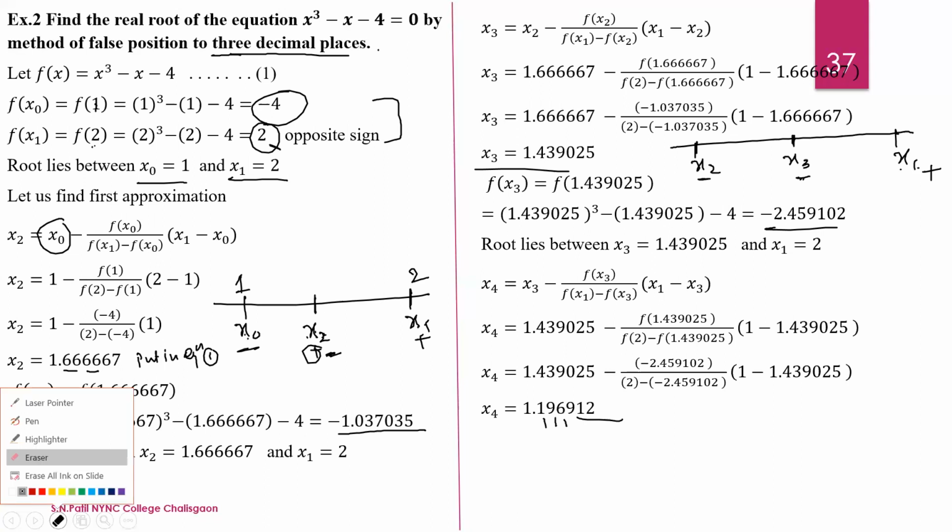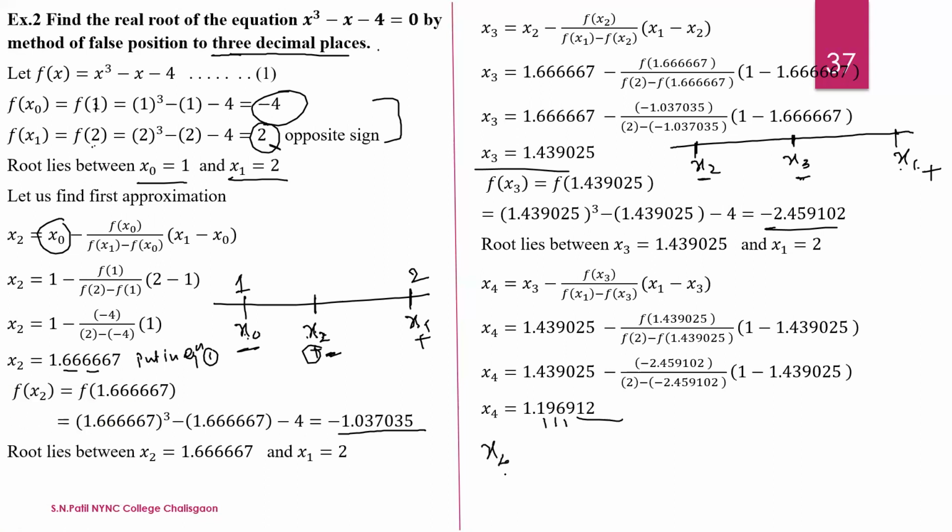Then the answer is x4 is equal to 1.19. If the 4th place is greater than 5, then add 1 in the 3rd place, so 1.197. This is the approximate root by false position.